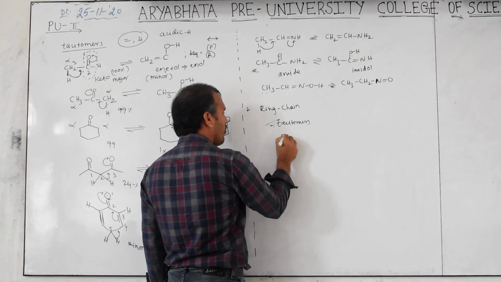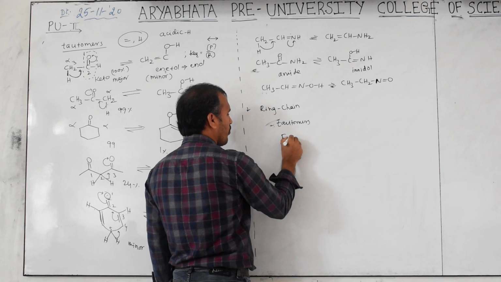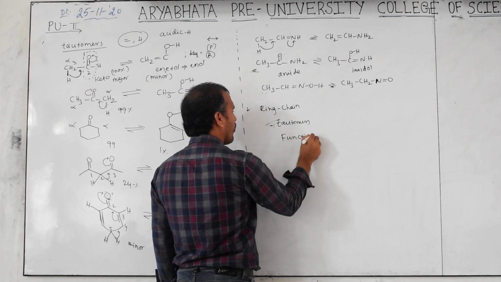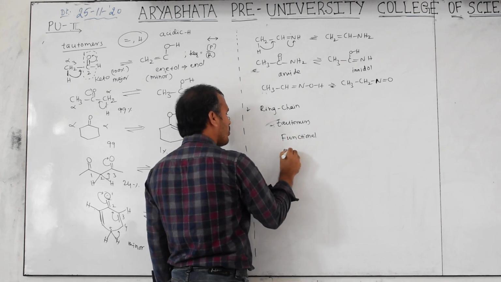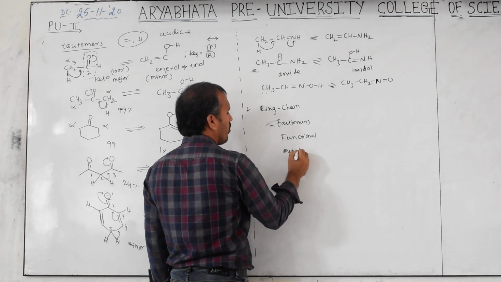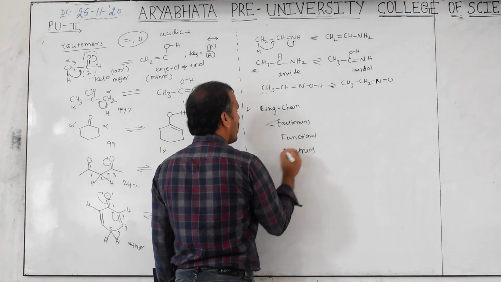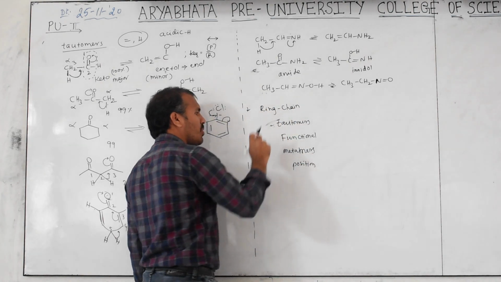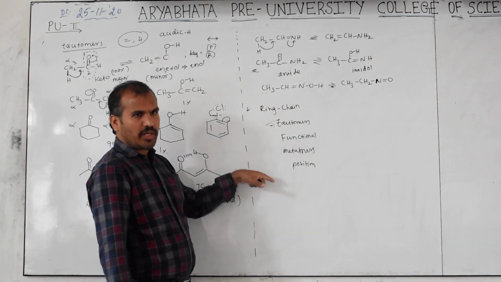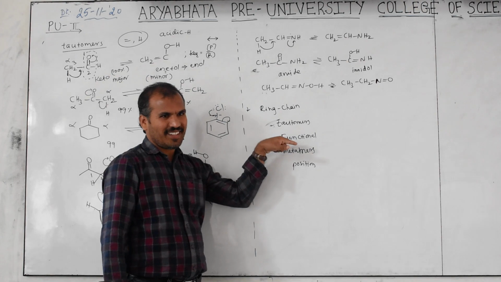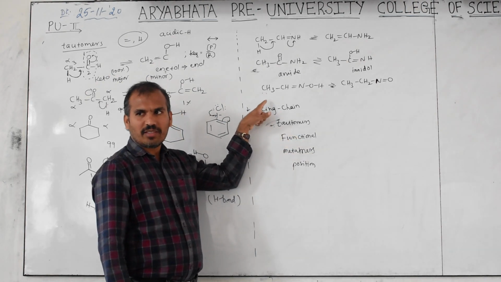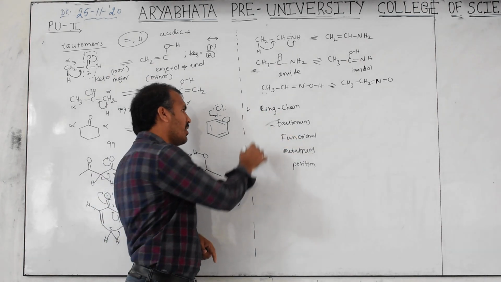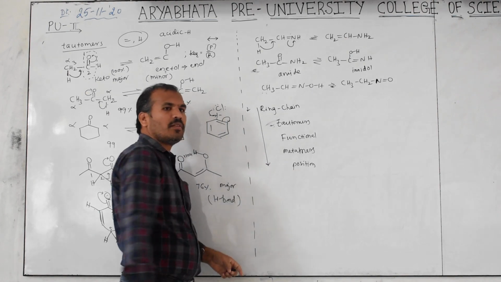Then functional isomers. Next, metamers. Next, positional. Here the chain also totals 6 actually, but here only 5 appear, because the chain is also there. So like this you have to check. If you check in this order, you will get the perfect answer.